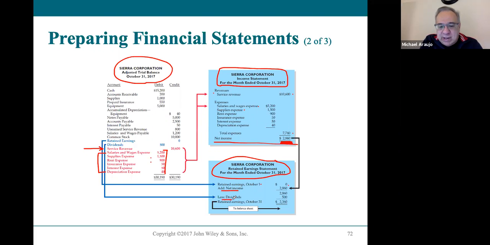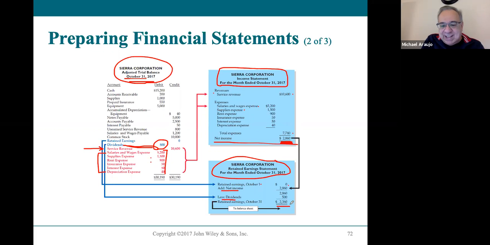It says here we pay dividends. How do we know we pay dividends? Well, it's right here on the statement we're supposed to look at to find all the numbers. The adjusted trial balance is the statement we look at to find all these numbers to do our financial statements. So we show here that there were $500 of dividends at the end of October. So we subtract out the $500 of dividends.